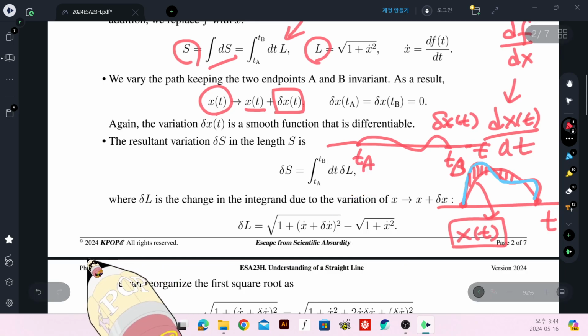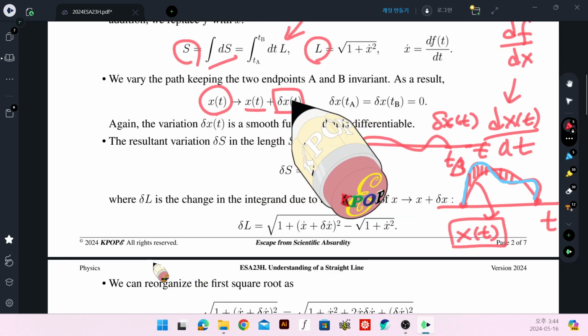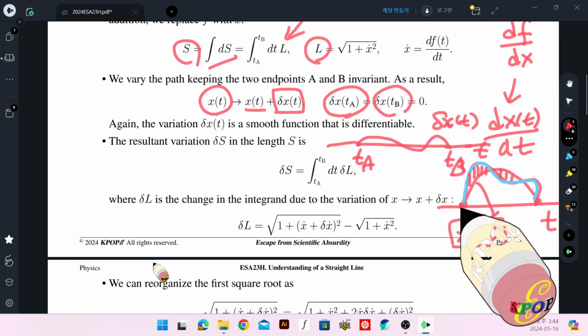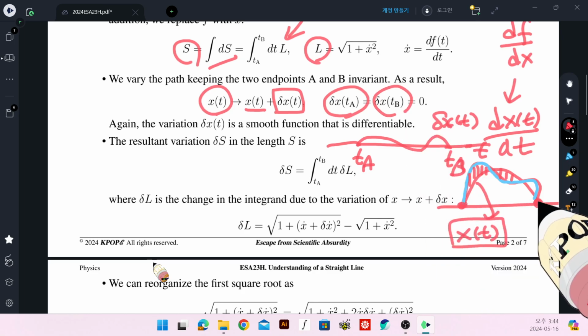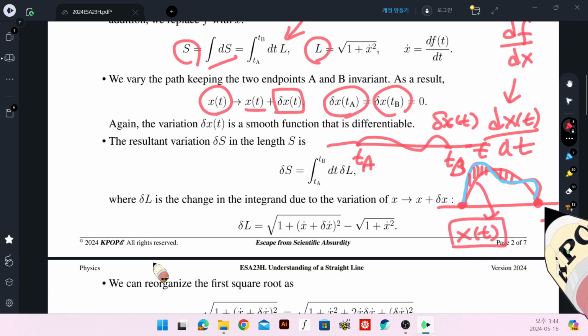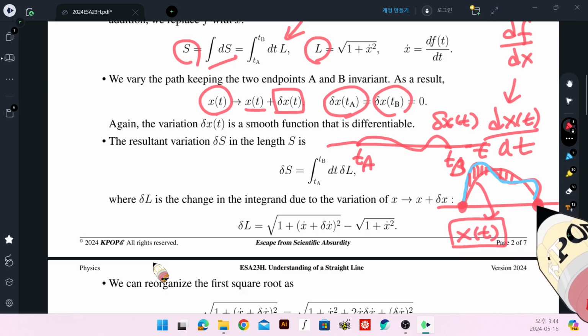All right, so I'd like to vary them, however, keeping the two endpoints the same, because we'd like to find the shortest path connecting A and B, we must not change the starting and end point.